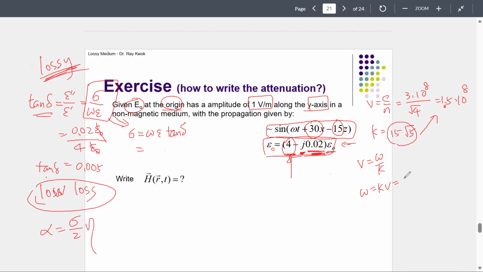About 5, 10 to the 5 times 10 to the what? 9. Right. Including the 10 to the 8?